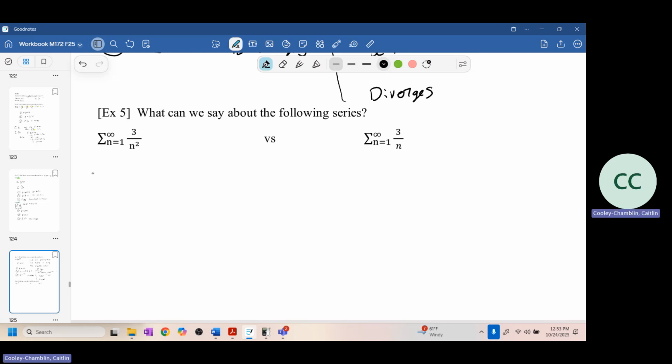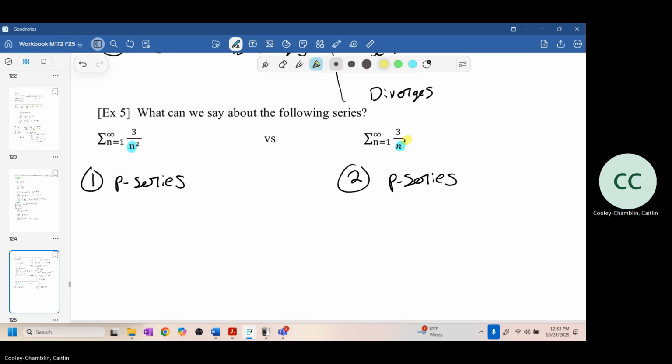So what I would do is this first one, this is a P series. Again, I know this because I have n as a base and a constant as a power.